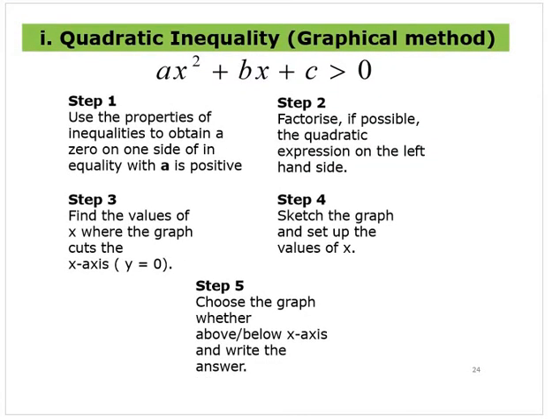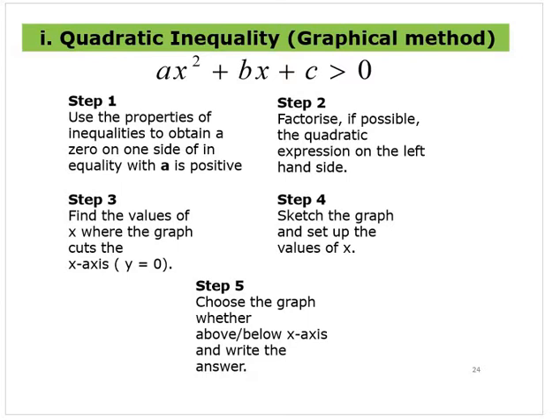For ax squared plus bx plus c greater than 0 or any inequality, step 1, use the properties of inequalities to obtain a 0 on one side of the inequality with a positive. That means we need to bring everything to the left hand side with a positive. Step 2, factorize if possible the quadratic expression on the left hand side.